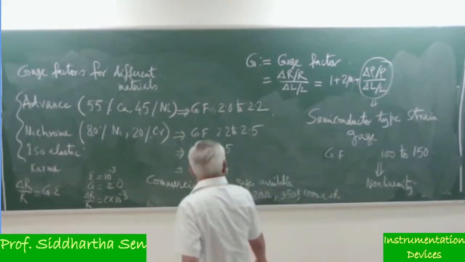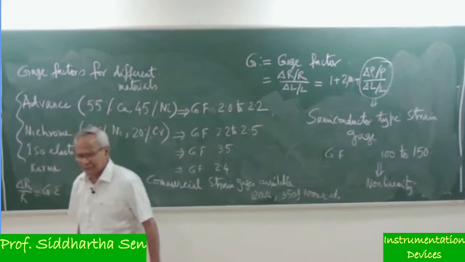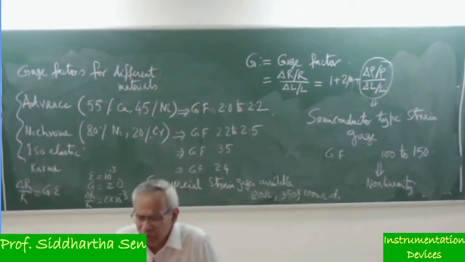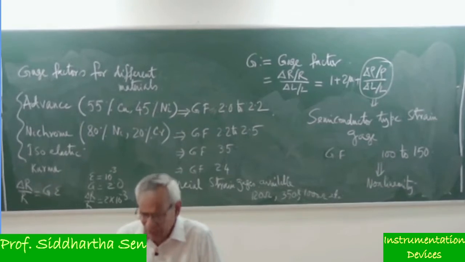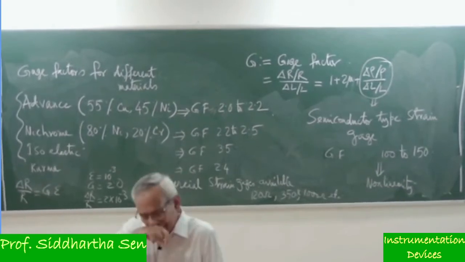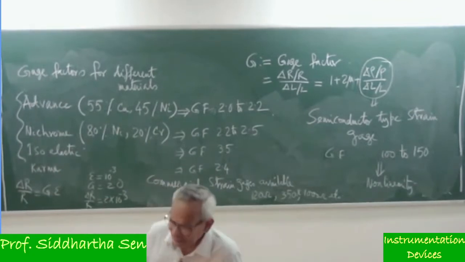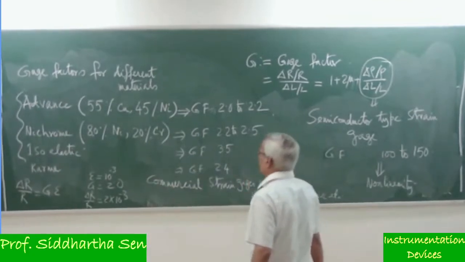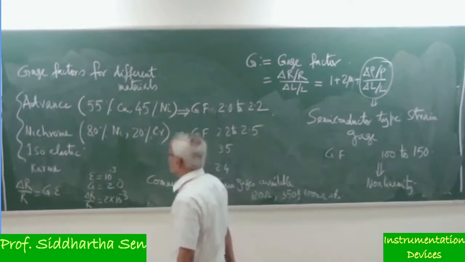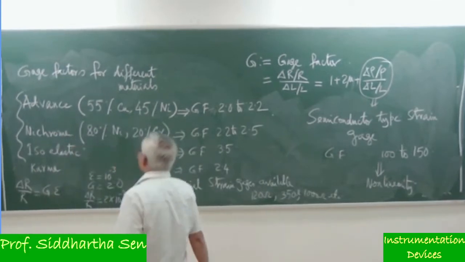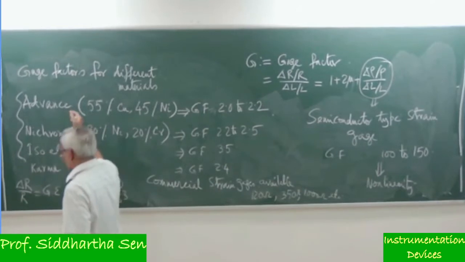To make the strain gauge resistance high while keeping the size very small, number one, the thickness of the wire should be very small, so we can get a larger resistance. Another thing is that the material should be very stable. With time, the resistance should not change. So these are the standard practices of purchasing strain gauges.